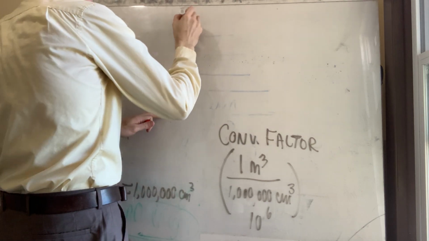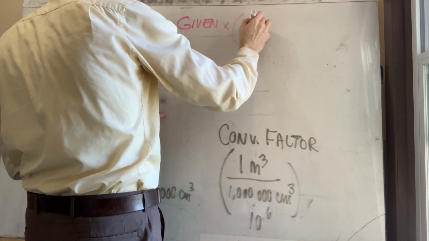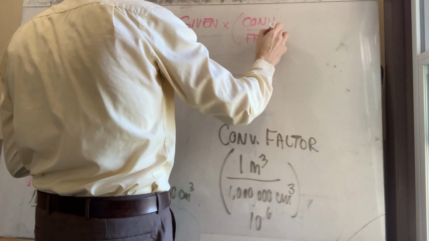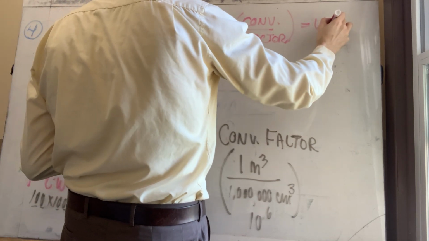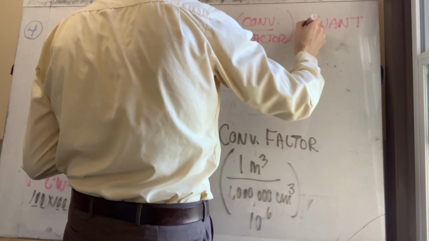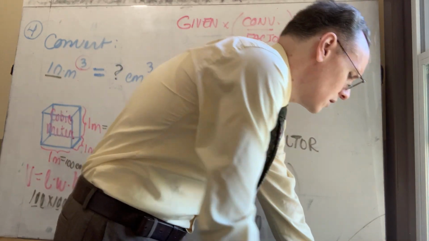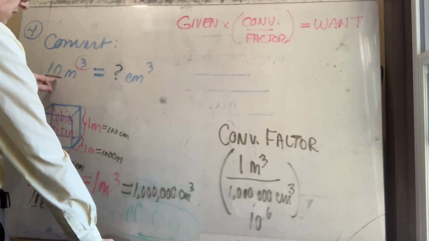Remember that formula, we'll use this a lot. What is given to you times the conversion factor, written in the style of a fraction, will spit out what you want as long as you rig it to do that. So what do we have? 10 cubic meters is what is given.